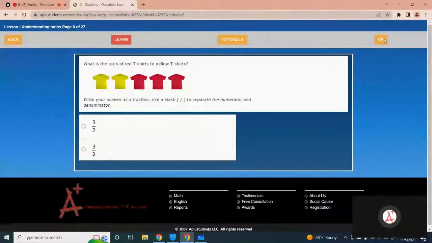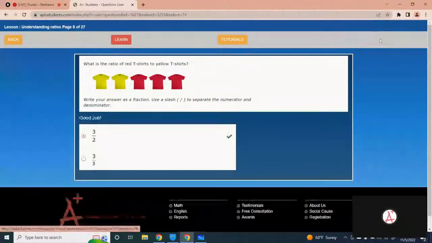It is 3/2. Got it? Three of them are red, two of them are yellow. So it would be 3/2. Just select the correct option and then click on the OK button.